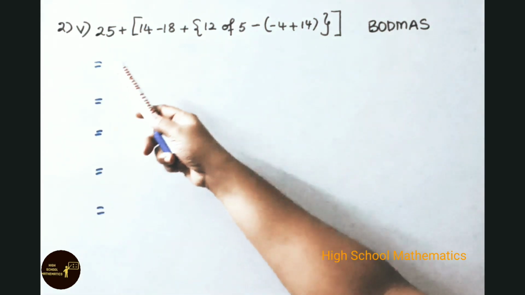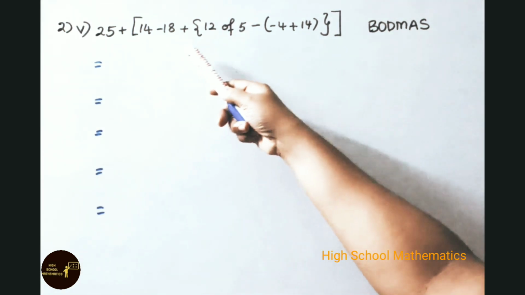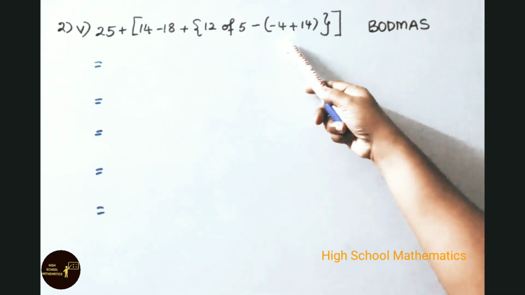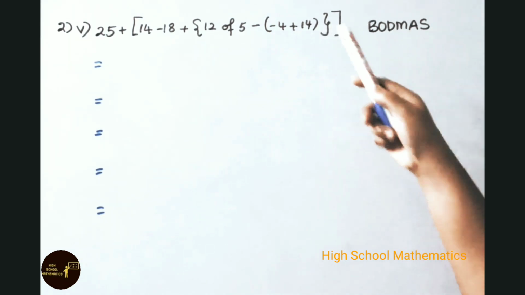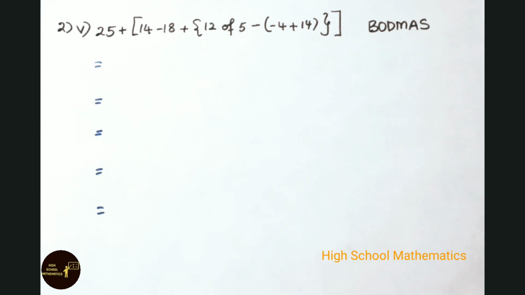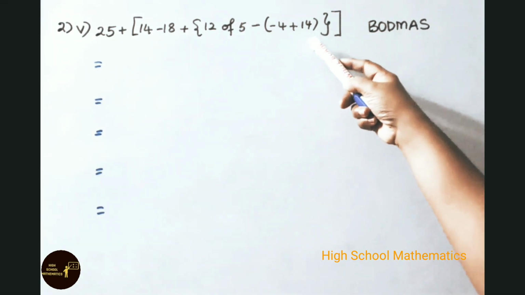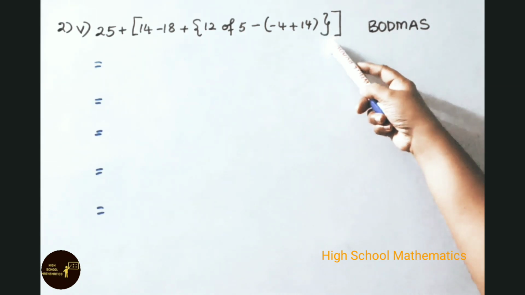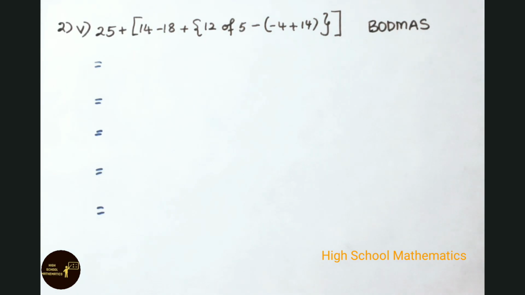See now second question, fifth sum. 25 plus 14 minus 18 plus 12 of 5 minus of minus 4 plus 14. Now let us solve this sum by using BODMAS rule. First we have to solve brackets. Here simple bracket, curly bracket and square bracket 3 were given.